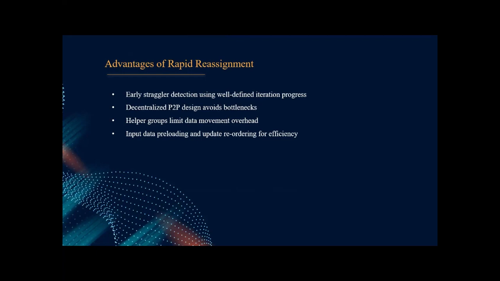Now, this refers to the technique for optimizing the way data is loaded and processed. Preloading data means anticipating what data will be needed and loading it in advance. Reordering updates refers to streamlining the order in which data is processed to avoid conflicts.